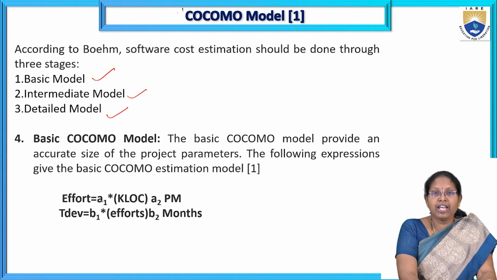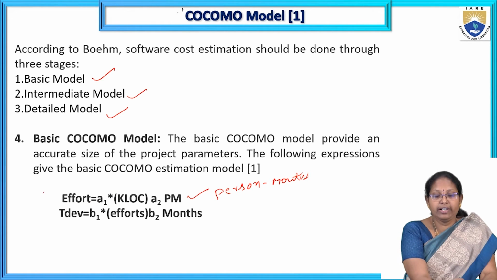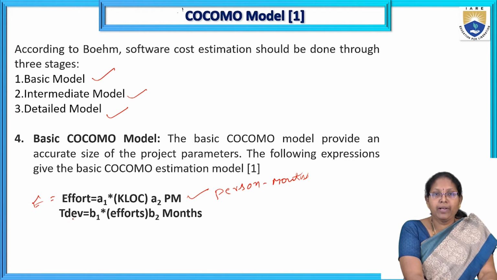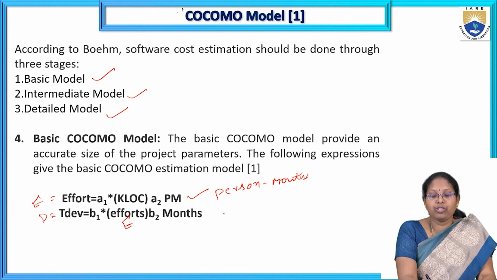First, effort E is equal to A1 into KLOC to the power A2, in terms of PM. PM stands for person months, the unit for effort calculation. Next, development time TDV is equal to B1 into effort E to the power B2, in terms of months.